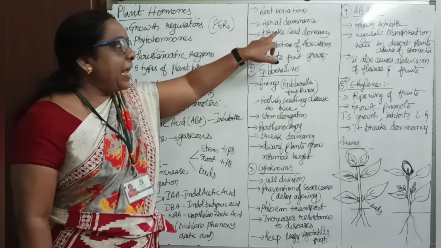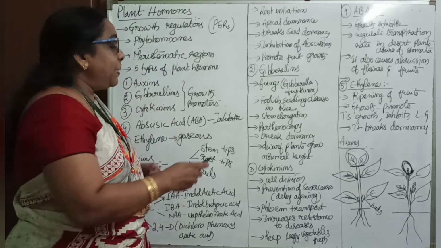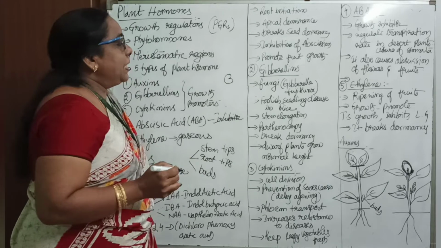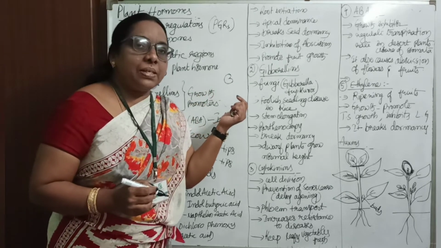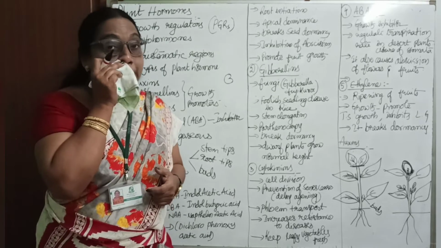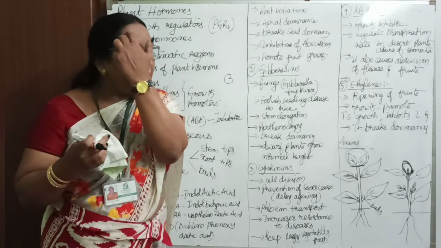Next, it breaks seed dormancy. What does seed dormancy mean? This is a seed. Even though you keep this particular seed in water or in soil, it will not change anything. Why? Because it is a sleeping seed, we can say, a dormant seed.